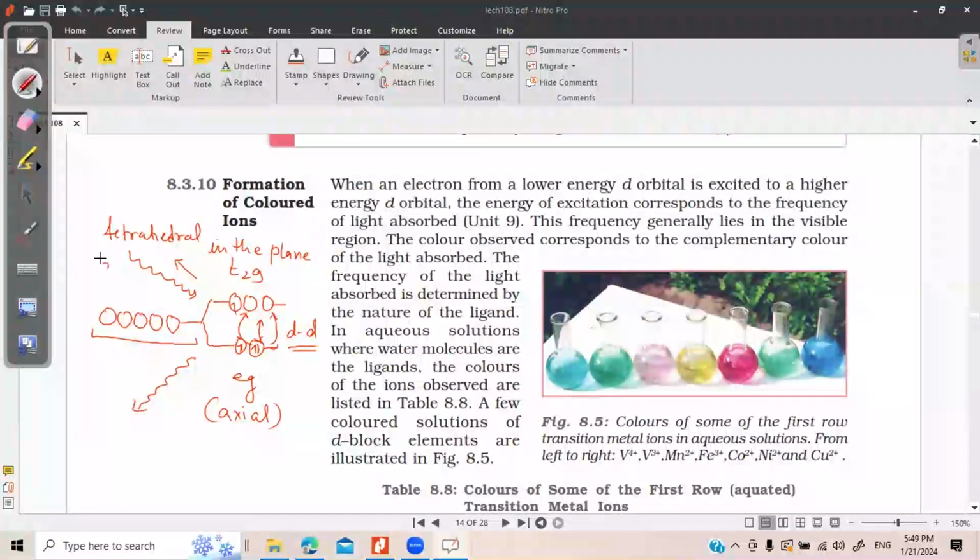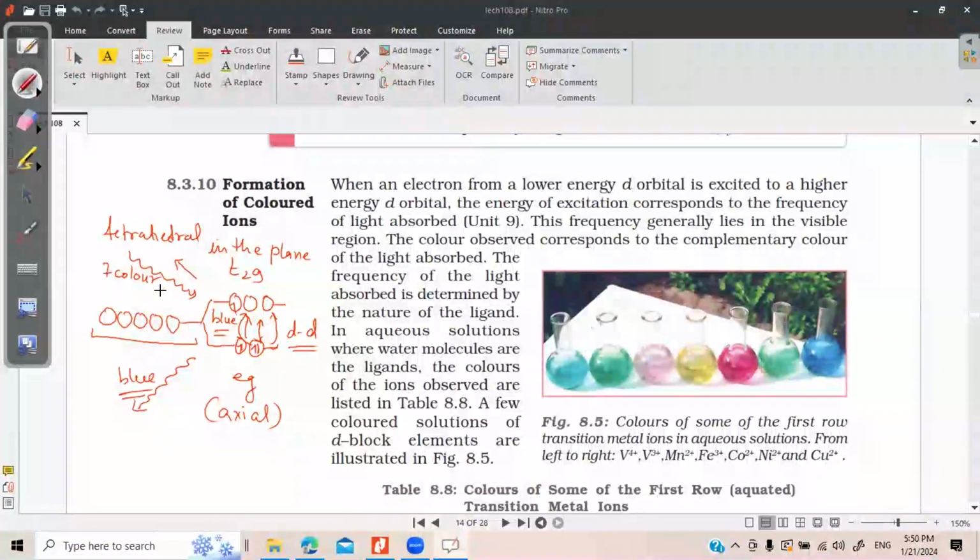Suppose the 7 colors of sunlight are falling on this complex, and the blue color is not absorbed. All other frequencies are absorbed during this transition. What will happen? The blue color is reflected back, and we see the blue color of this compound.